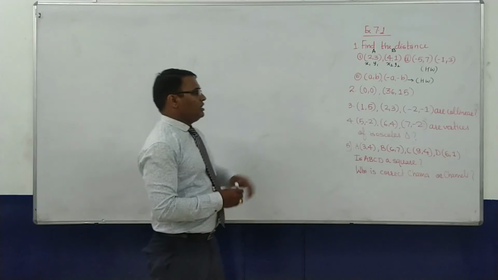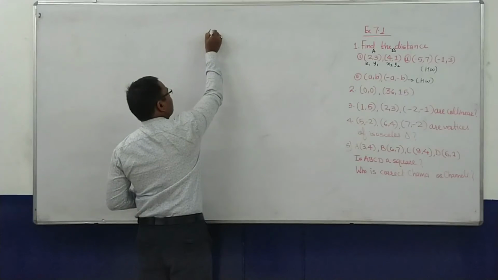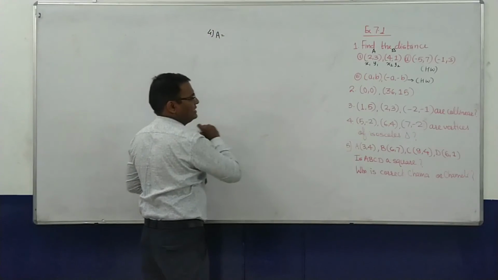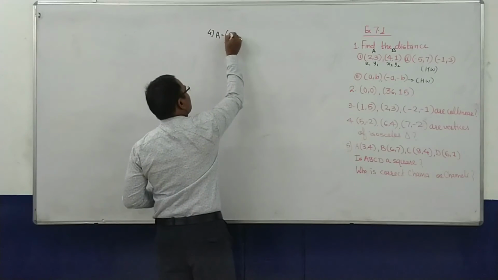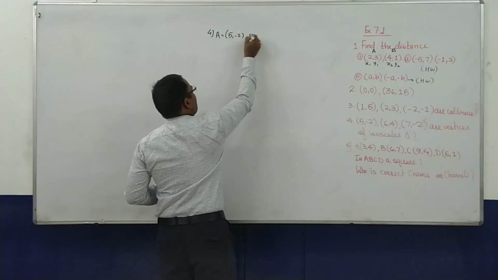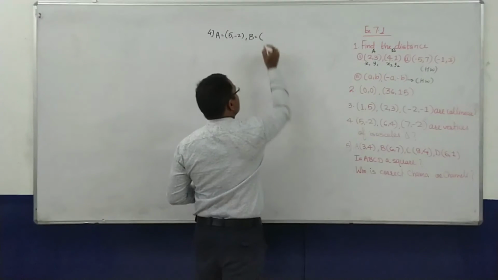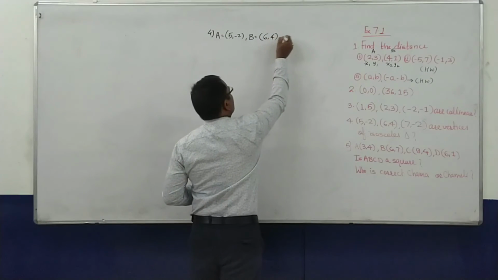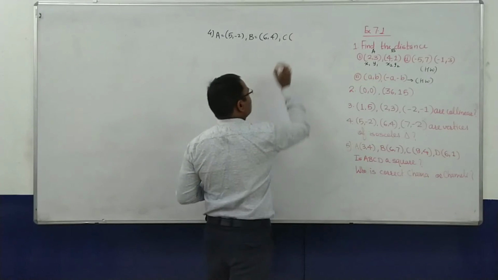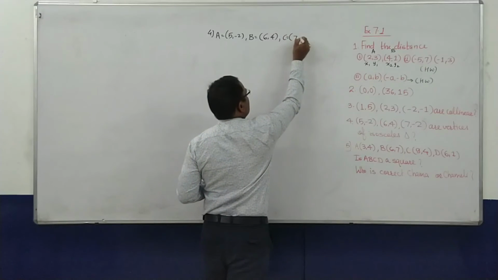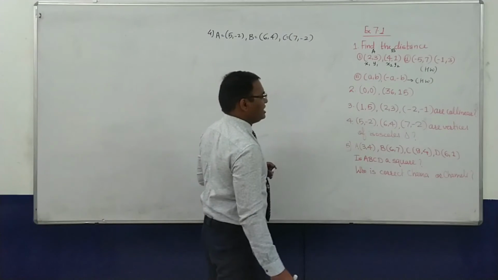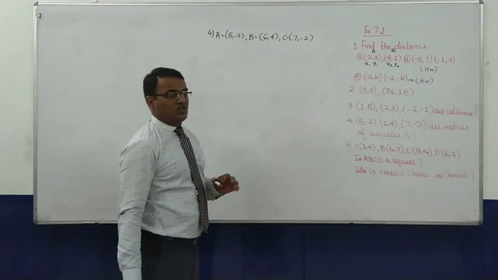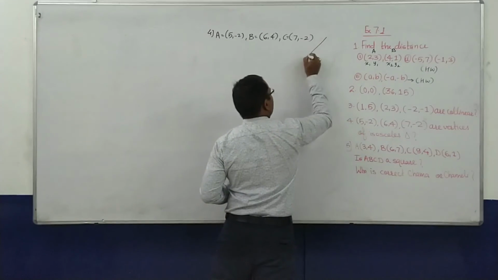Sum number 4. What is given? Let A is equal to 5, minus 2. B is equal to 6 comma 4. And C is equal to 7 comma minus 2. Are vertices of an isosceles triangle. Now vertices of an isosceles triangle is what?